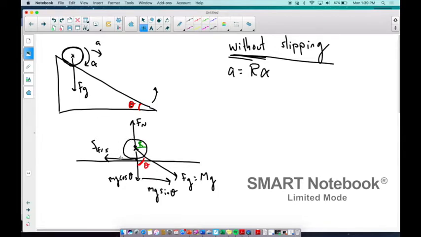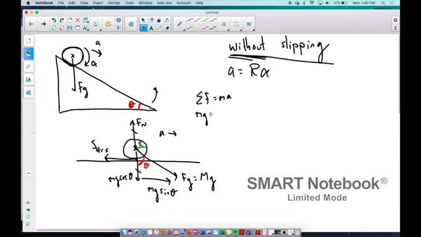So the first thing I can do is, why don't we do the translational one first, sigma F equals ma, and we know that mg cosine theta has to equal the normal force. And we're not worried about the force of gravity because we've broken it down into its components. So I know that the thing is accelerating this way, that's down the ramp.